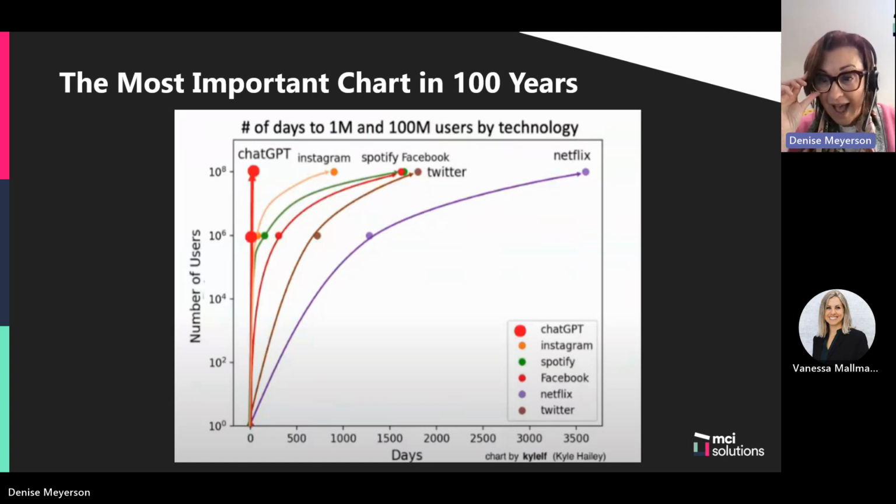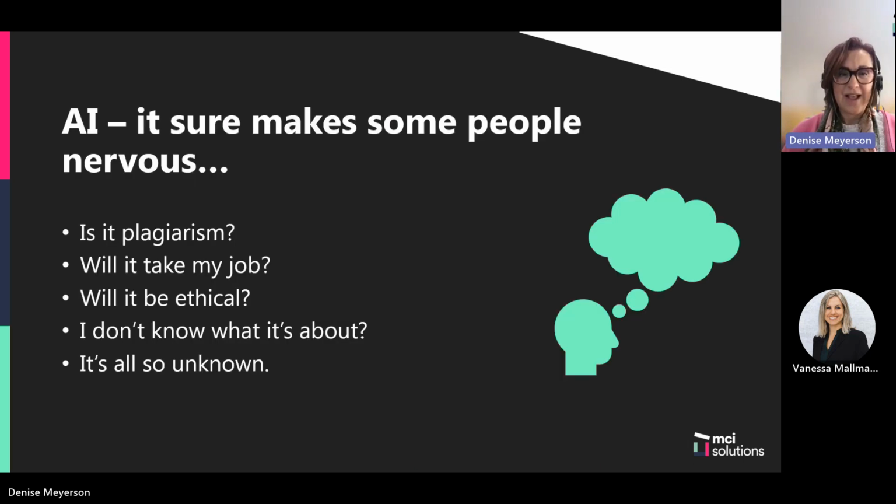If you think about how it has had such an incredibly fast pickup in the last few months, even overtaking the launch of Netflix, Spotify, and Instagram. It's absolutely incredible just how fast it's been absorbed into the world, and how many people, over 100 million people, are using it already.